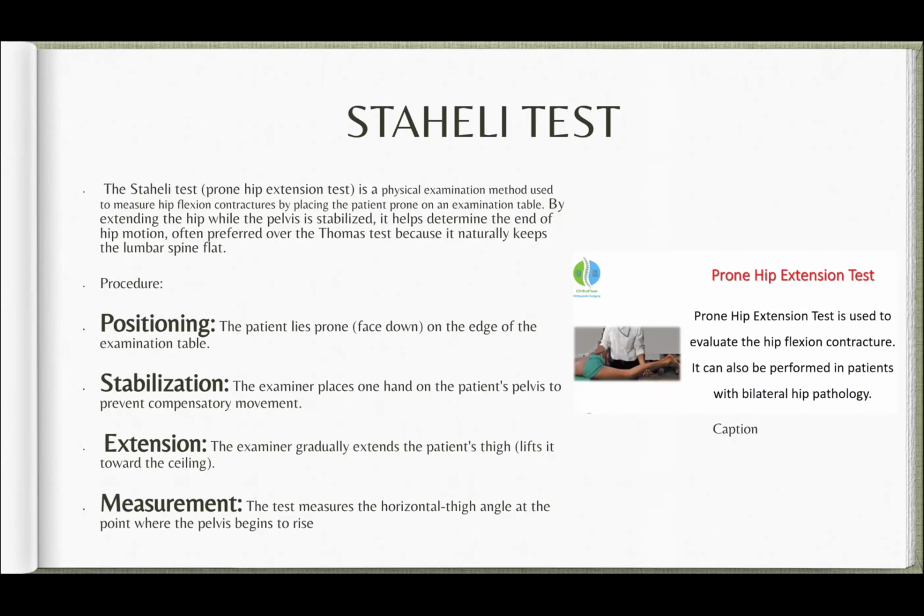Log roll test is highly specific for intra-articular or synovial pathology. A passive test to detect it. The patient is in supine position, leg is kept fully relaxed, holding the ankle and gently rolling.